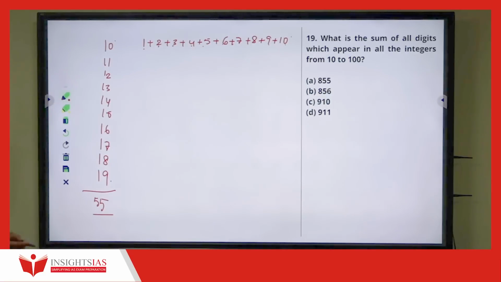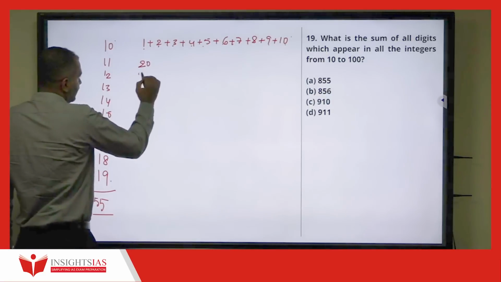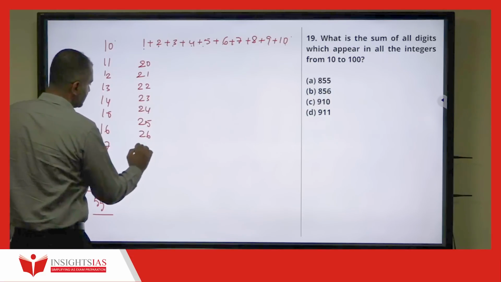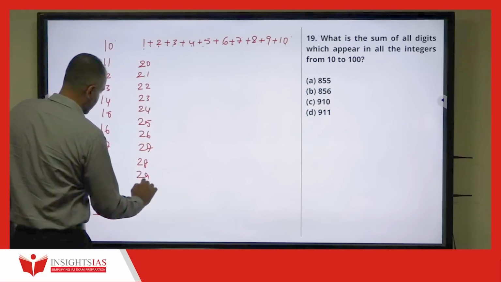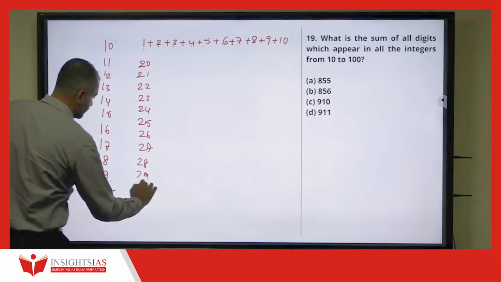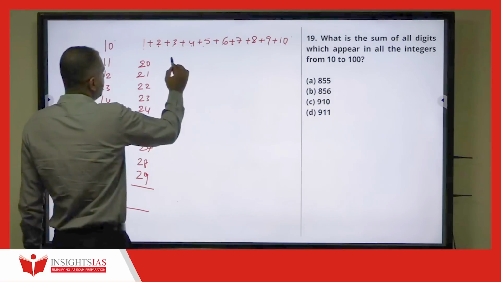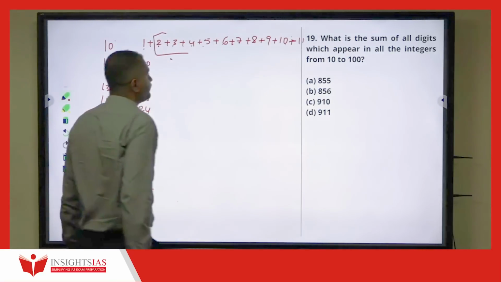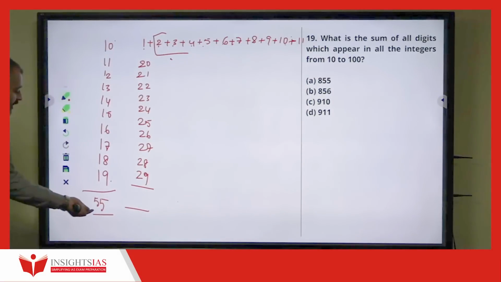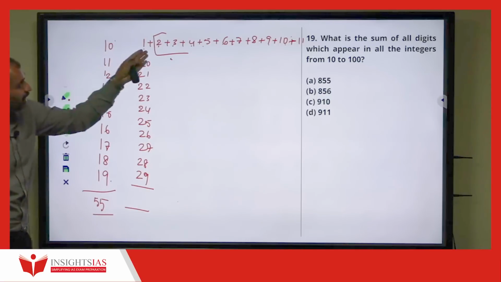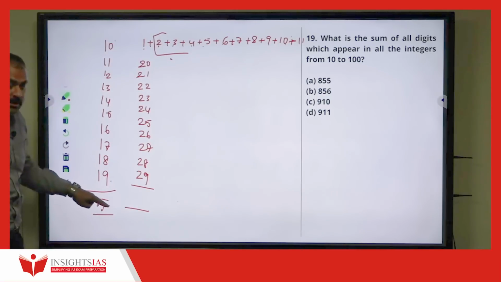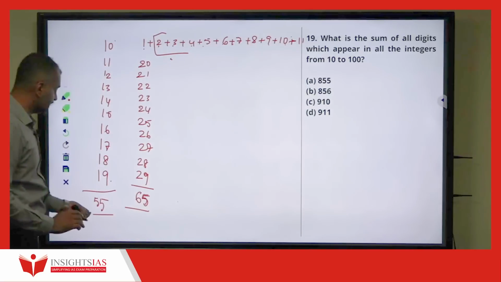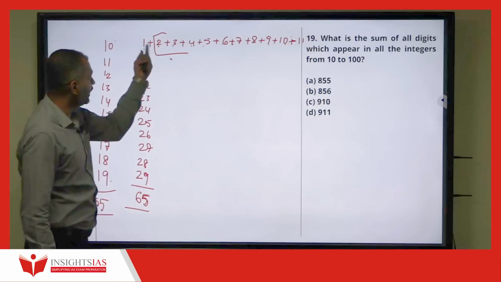Now I am writing again 20, 21, 22, 23, 24, 25, 26, 27, 28, 29. Here the sum is 2, 3, 4, 5, 6, 7, 8, 9 and I will add 11. Now 1 is gone and 11 is added, which means totally 10 is added. So totally this is 65. Again 1 and 2 gone.